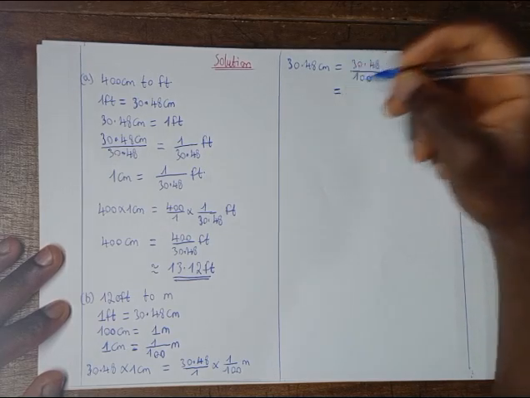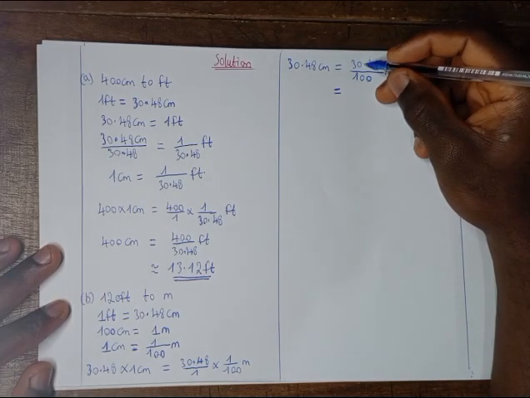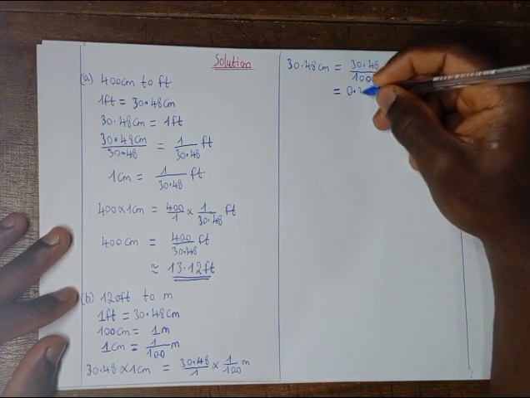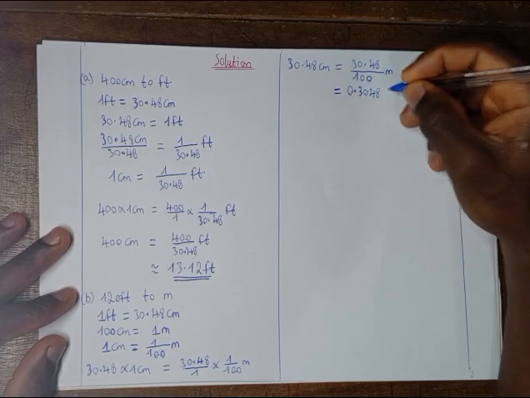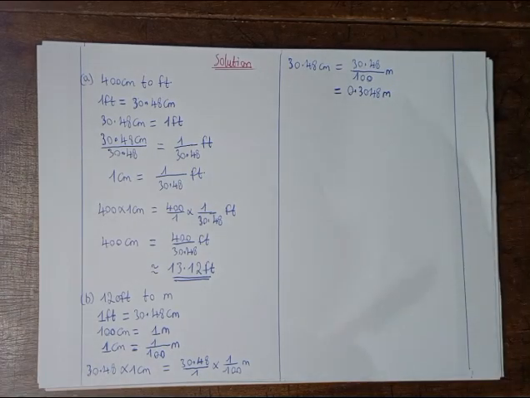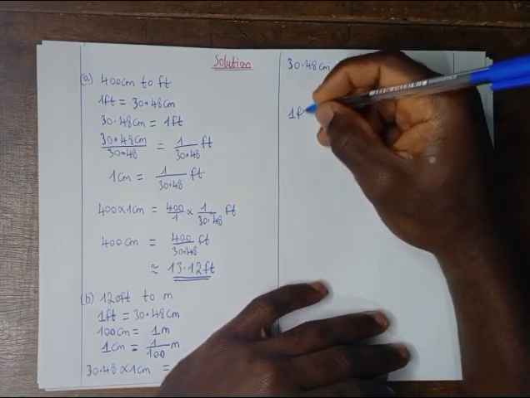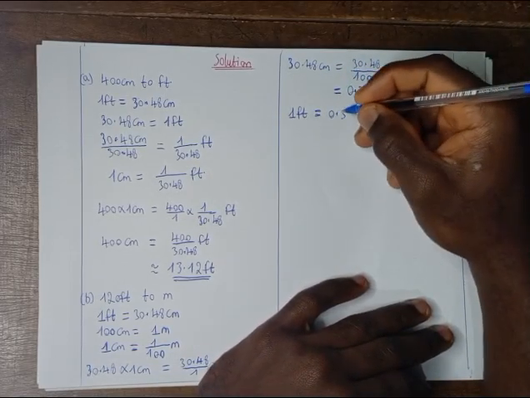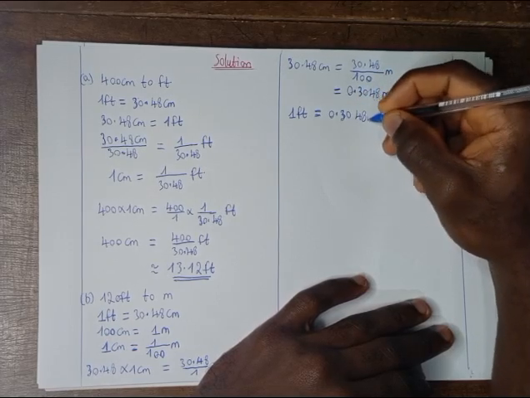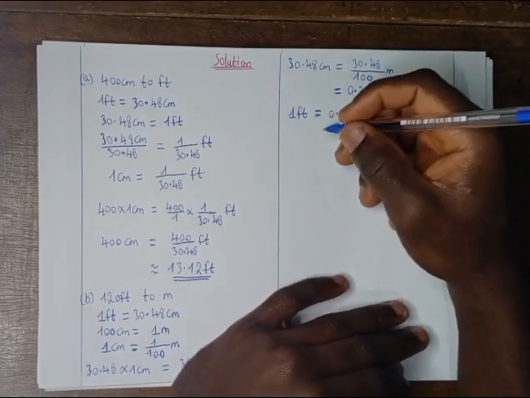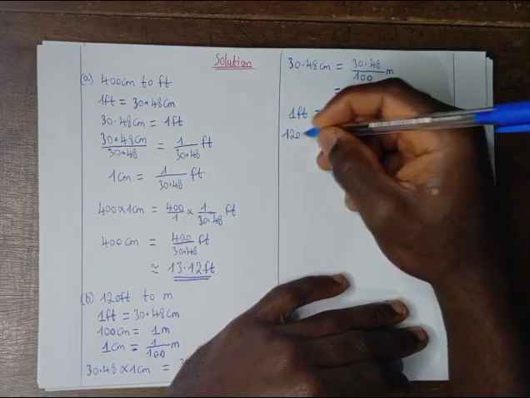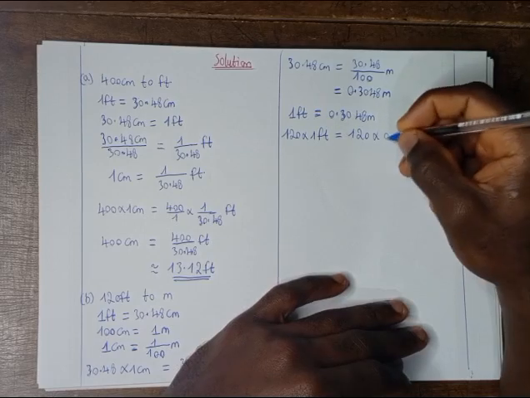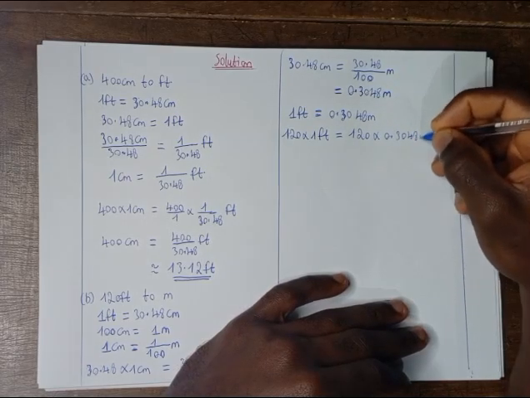This will simply be equal to, we are going to move this decimal point 2 places to the left. 1, 2, gives us 0.3048 meters. So it simply means that 1 foot is simply equal to 0.3048 meters. Now we have to convert 120 foot. So if you multiply both sides by 120 times 1 foot, it will simply be equal to 120 times 0.3048 meters.